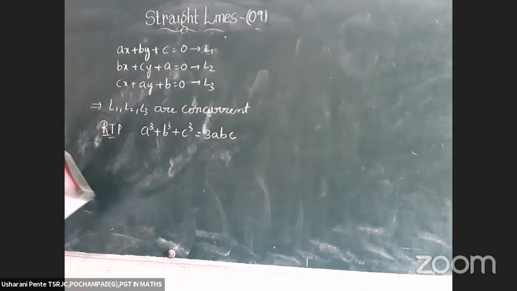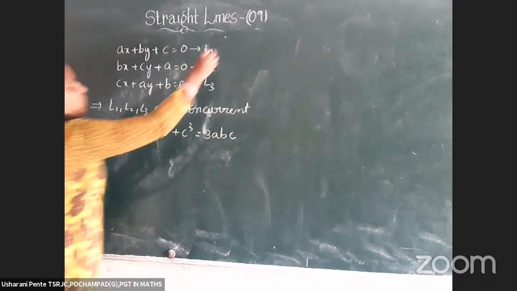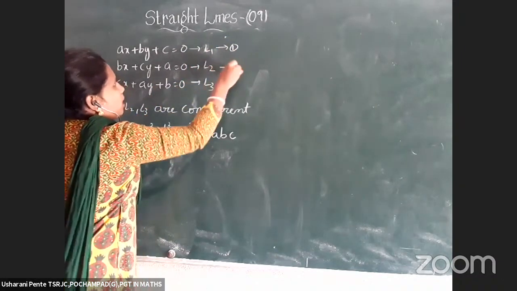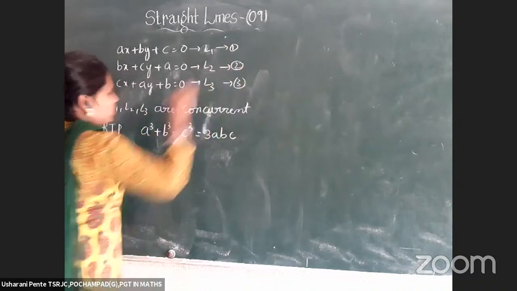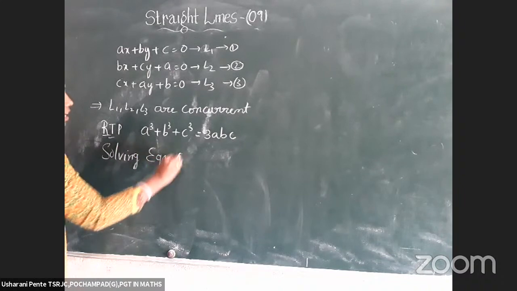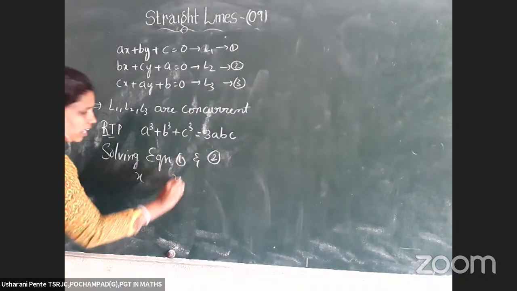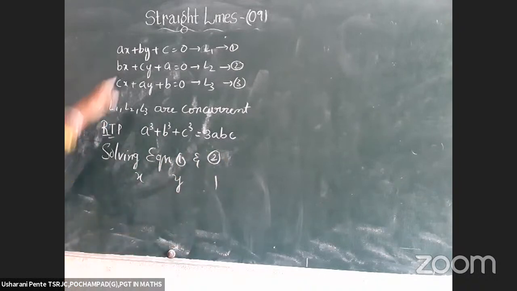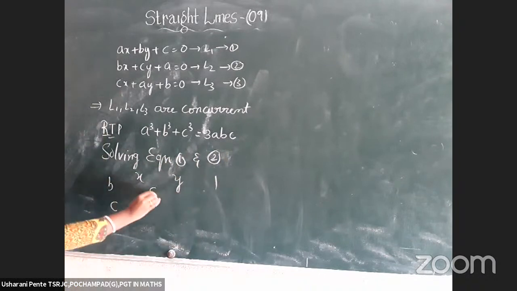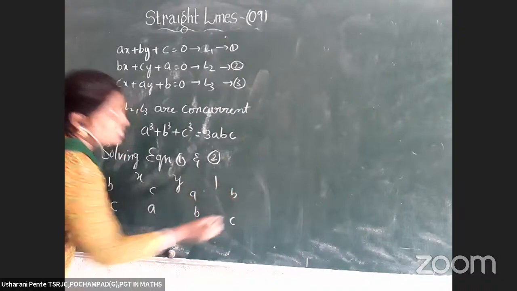So first, we need to solve these equations. Solving equations 1 and 2, what will we get? X, Y and 1. So first BC, CA, AB and again BC.